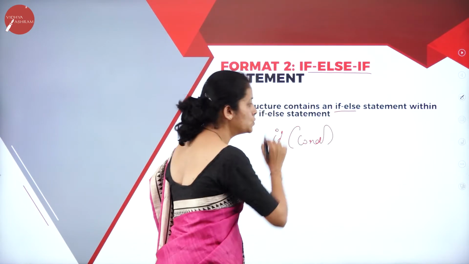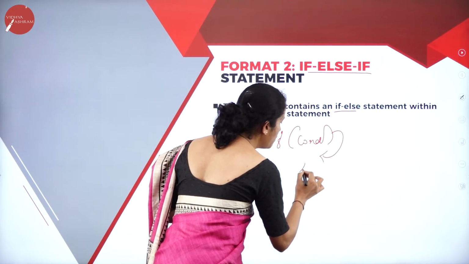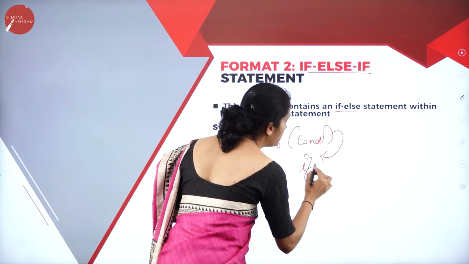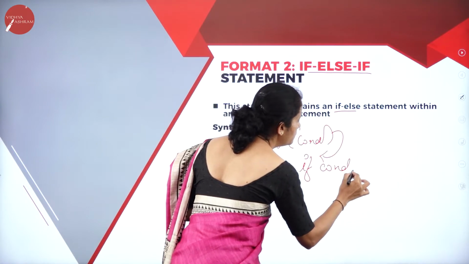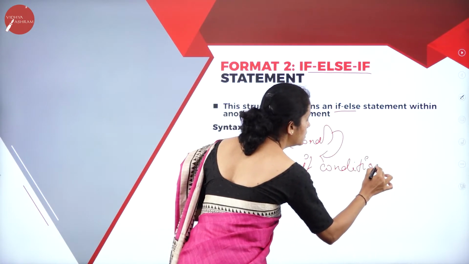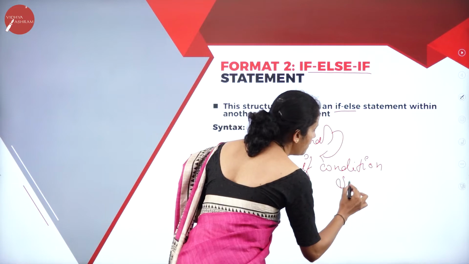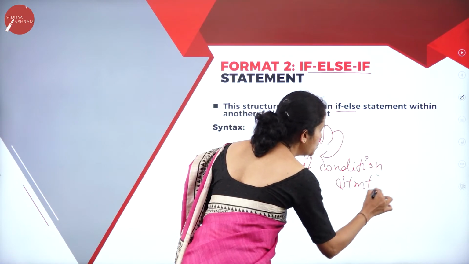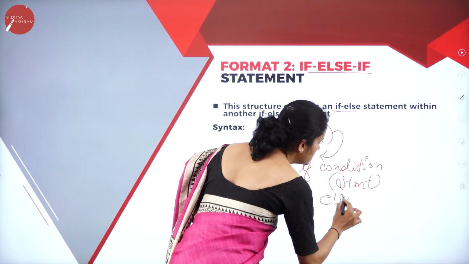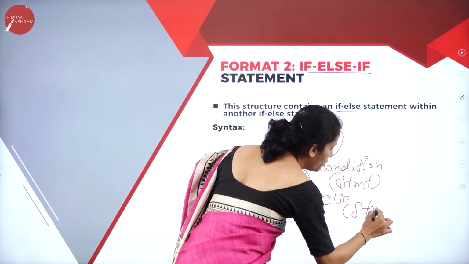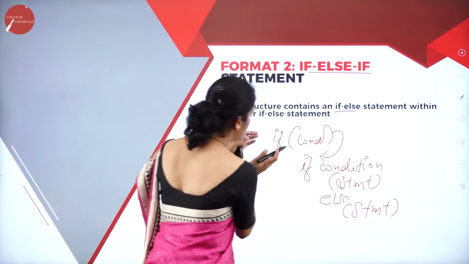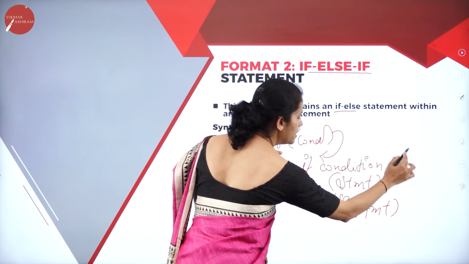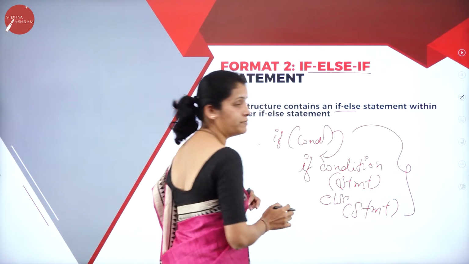If this condition is true, here itself I'm going to have if condition. Okay, then here I'm having statement 1. This is for true, else this is for false statement. So if this condition is true, inside that I'm going to have the if statement.